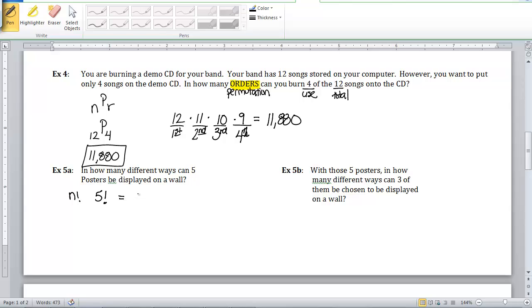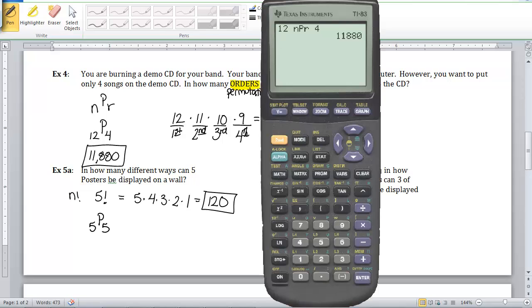And 5 factorial means 5 times 4 times 3 times 2 times 1, for a total of 120. You could have also thought of this as I have 5 objects and I want to use all 5. If you calculated 5 nPr 5, you'll also get our 120.